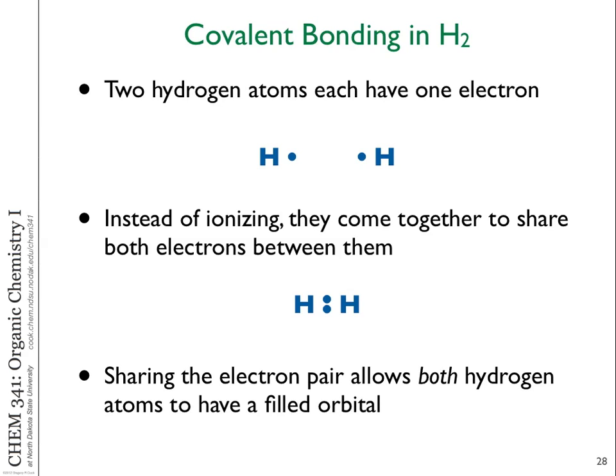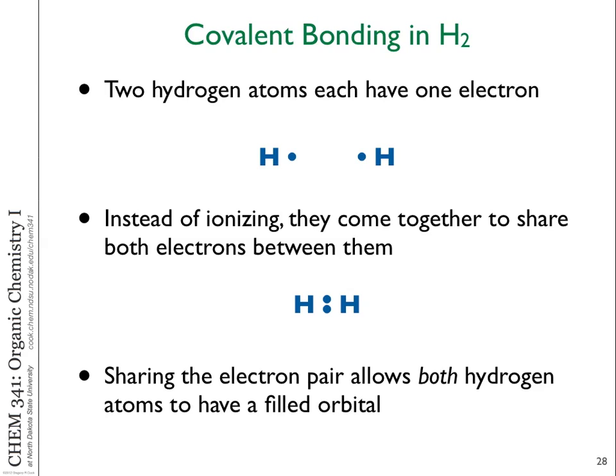Now, you can certainly see ions of hydrogen, right? We know H+ protons are certainly possible. But if you think about taking 2 hydrogen atoms together, they're the identical same element. So why would one take an electron over the other? There's not much potential for transferring an electron from one to the other. Instead of going to a higher energy state, which would be an H+ H- ionic bond, you would rather just come together and share those 2 electrons between them.